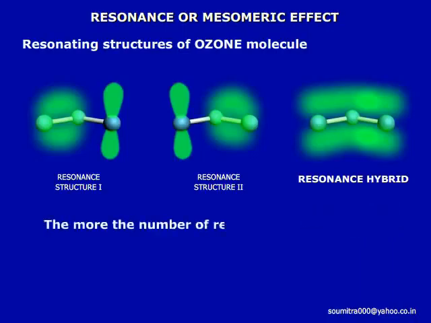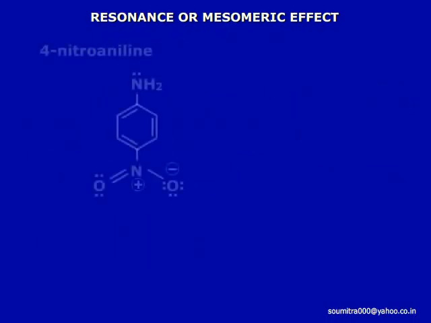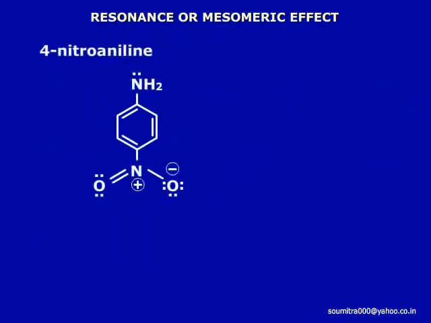The more the number of resonance structures, the more the pi electron is dispersed or delocalized, the more stable is the molecule. Example, in 4-nitroaniline, the lone pair on NH2 group is dispersed over the entire molecule like this.